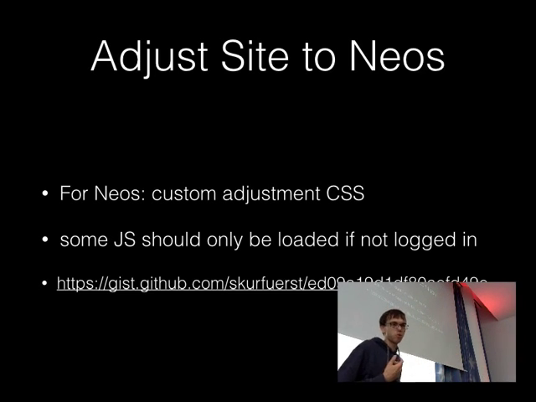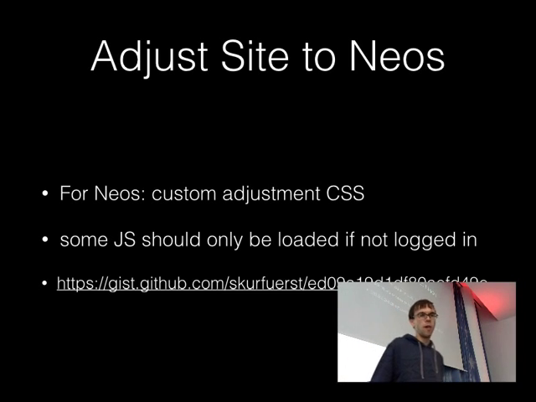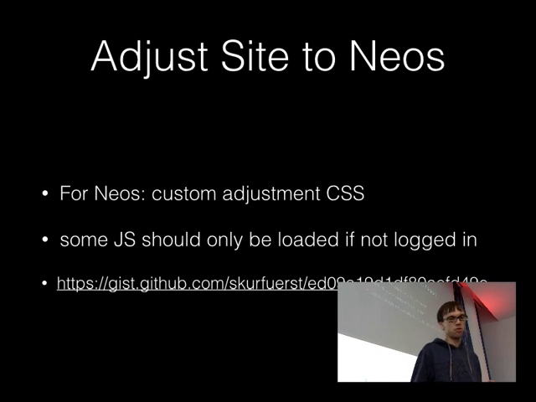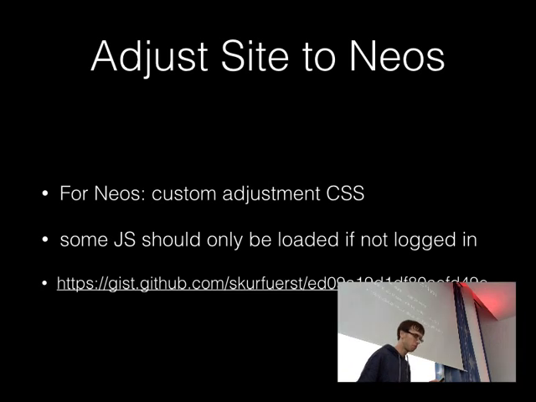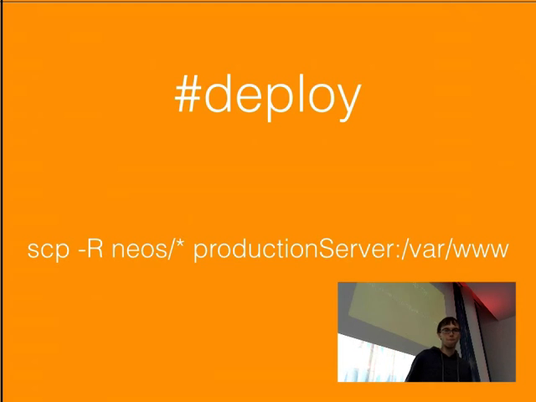For that, you will probably adjust some CSS, and you are also able to change the way JavaScript is handled to a certain extent. That's why we have a snippet for you which you can use in your projects to say, okay, this JavaScript should be only loaded when the editing mode is on, or this CSS should be only loaded when the editing mode is on or off, for instance. That's just a trick which is pretty handy in actual projects.